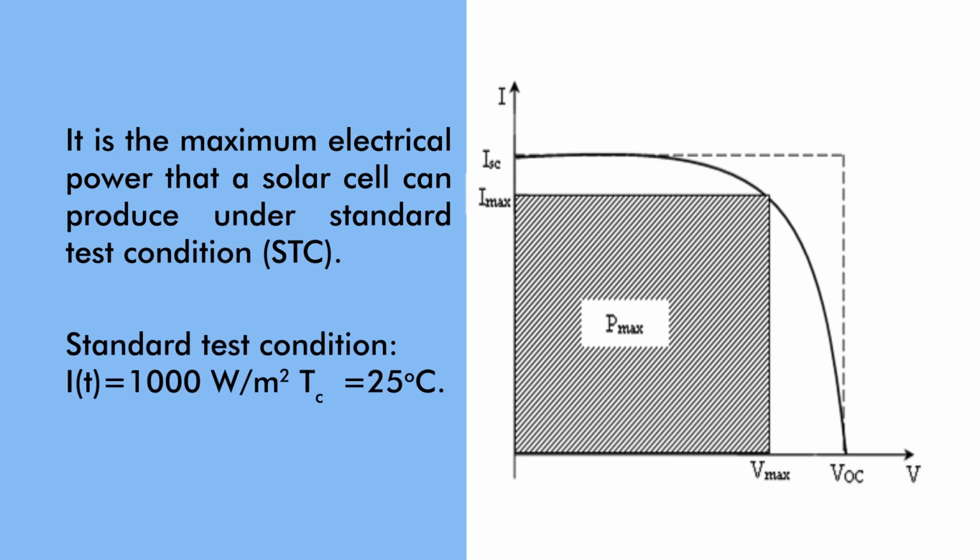Standard test condition means the intensity is 1000 watt per meter square and the solar cell temperature is 25 degrees centigrade, or the ambient temperature is 25 degrees centigrade. It represents the point on the VI curve where the product of current and voltage is maximum. On the VI curve of the solar cell, it occurs at the bend point of the curve.